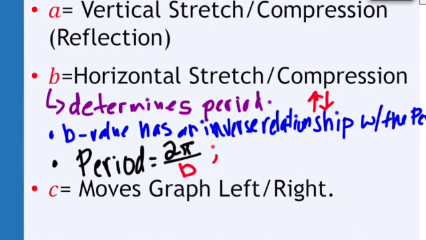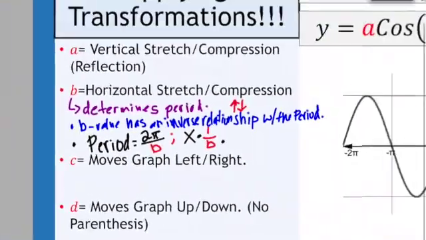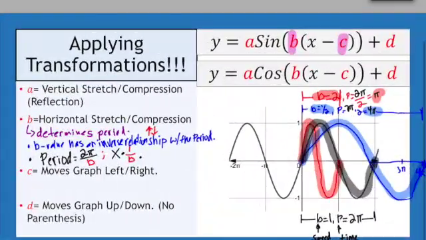And the way we apply the b value when we graph is we take the x value and multiply it by the reciprocal of the b value, because of that inverse relationship. So definitely two things you need to have in mind there.